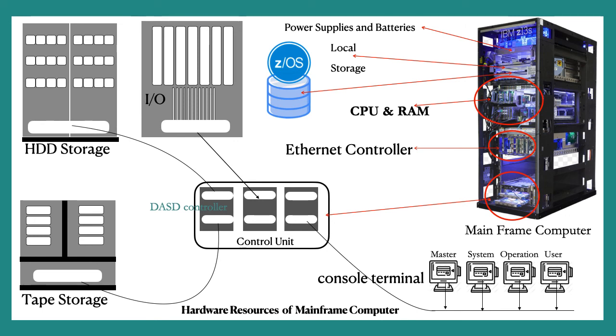The HDD is used for the storage of many applications and concurrent job transactions. And the tape drive is usually used to store the backup of the transactions and some other applications that are more than a year old.